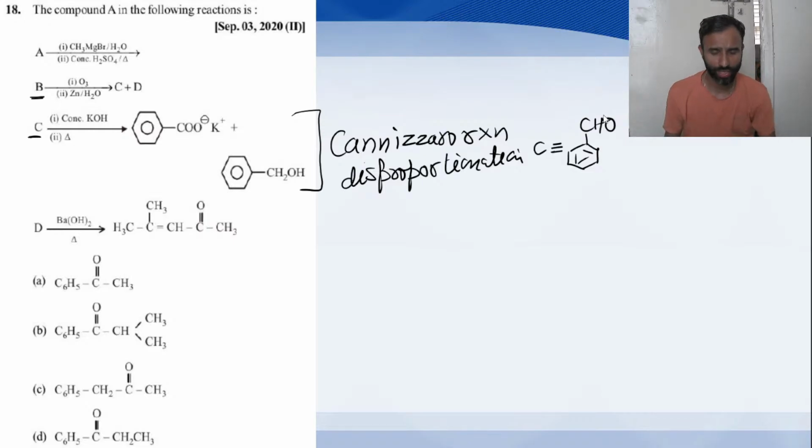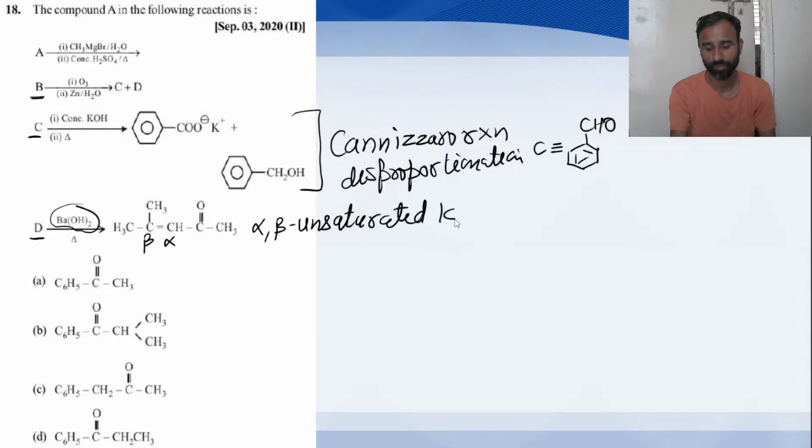Now come to D. D on heating with barium hydroxide, that is just like dilute sodium hydroxide, means dilute alkali, gives an alpha beta unsaturated ketone. So an alpha beta unsaturated ketone is formed in aldol condensation.